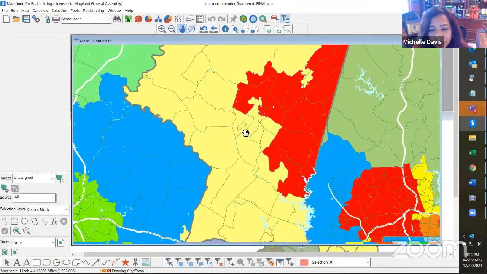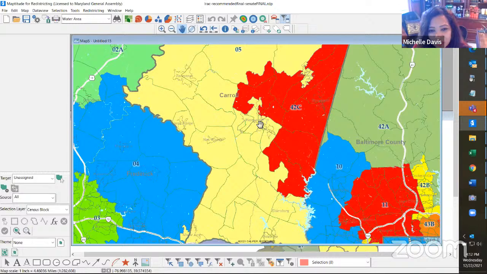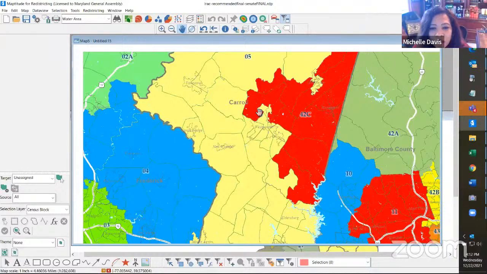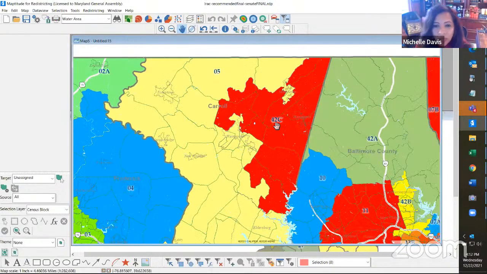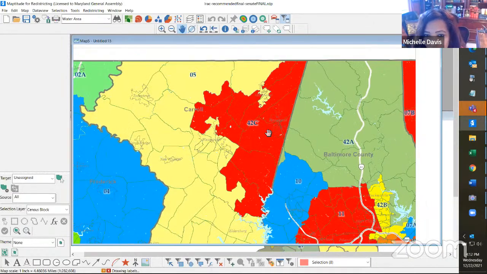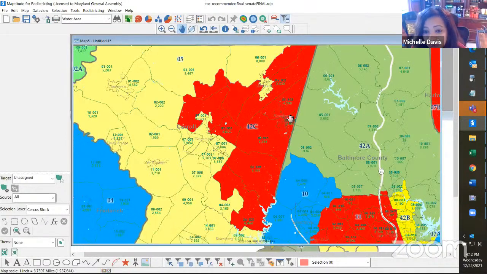And if you notice, Westminster, I believe, is completely in District 5 here. This is Westminster here. And the 42C part of Carroll County consists of the areas around Hampstead, which is on the Baltimore County, Carroll County line.